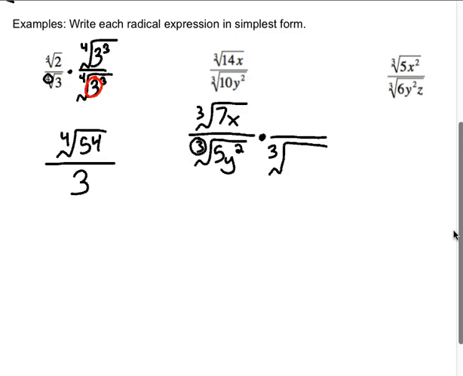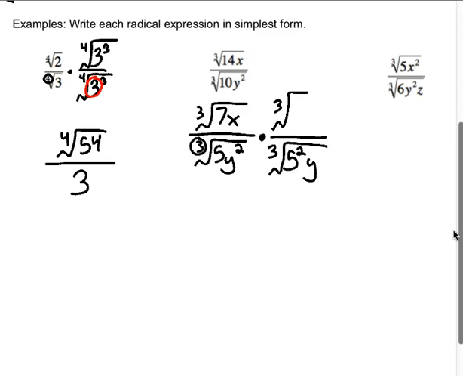The 5, right now I only have 1 5. So to complete it, I'm going to need 2 more. So I need 5 squared. The y squared, well, there I already have 2 of them. To complete it, all I need is 1 more sitting down there, and then it'll be fine.